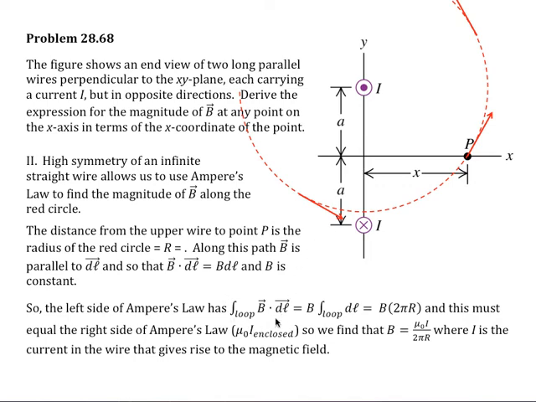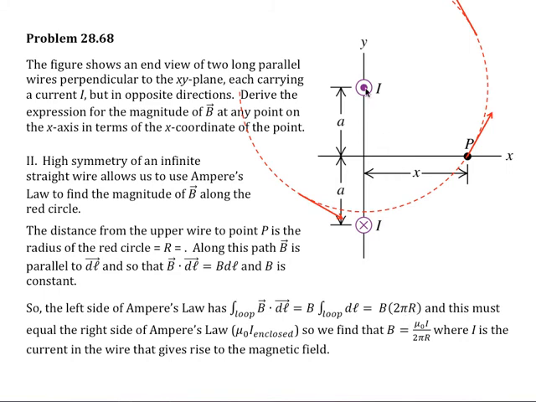So the left side of Ampere's law has the line integral around a loop. B comes out of the integral because it's a constant. The integral around a loop of dl is just the total length of this path, the circumference of that circle, which is 2 pi times the radius.